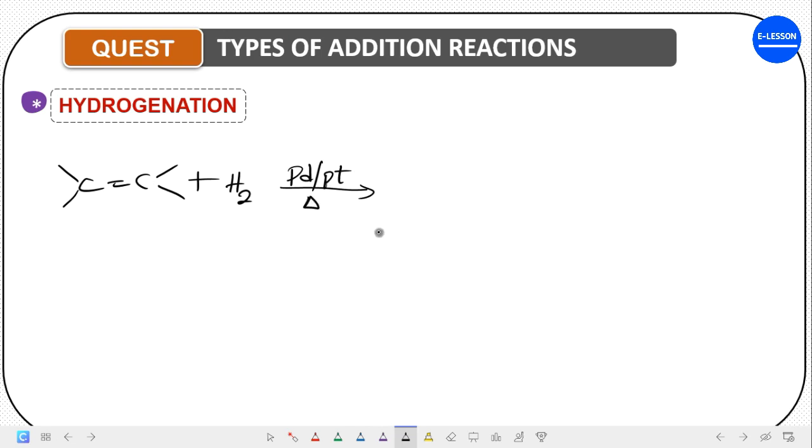Now, if you add this plus this together, what is it going to give to us? The product of the reaction would be an alkane. Okay? So whenever alkenes are hydrogenated, it gives what?